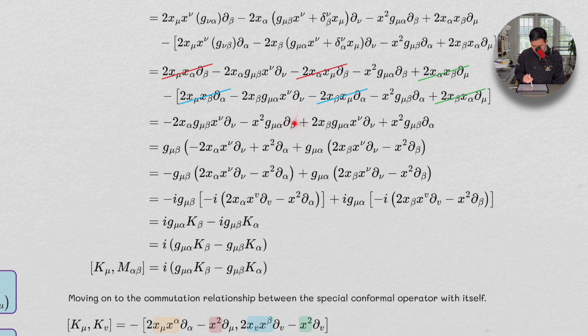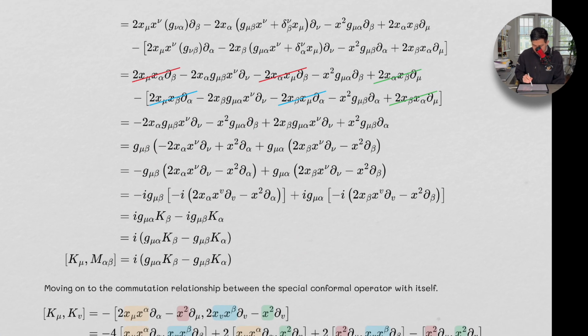So if this is a beta, this has to become an alpha for this to become a beta, and so forth, right? So these guys have a g mu alpha, g mu beta, so we can take out the g there as well. There should be a parentheses right here, so I will put a parentheses right there.